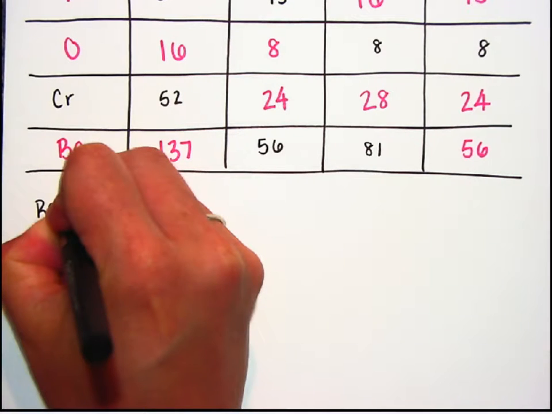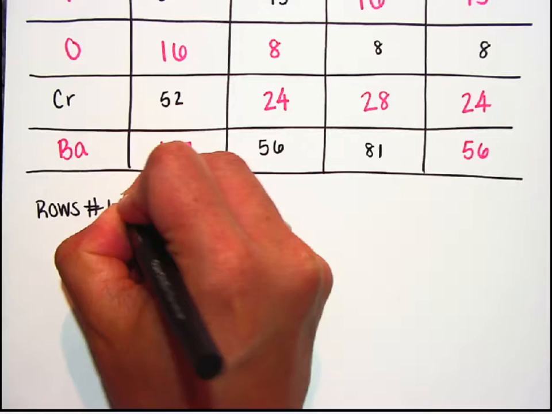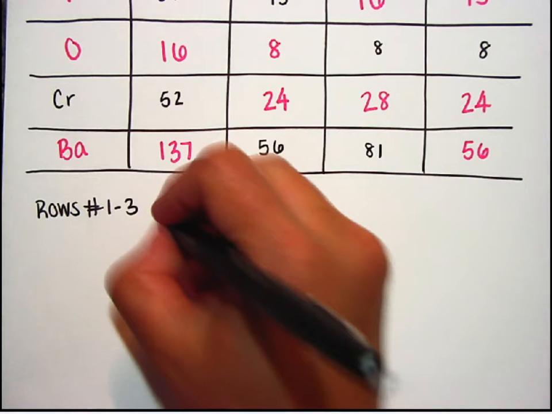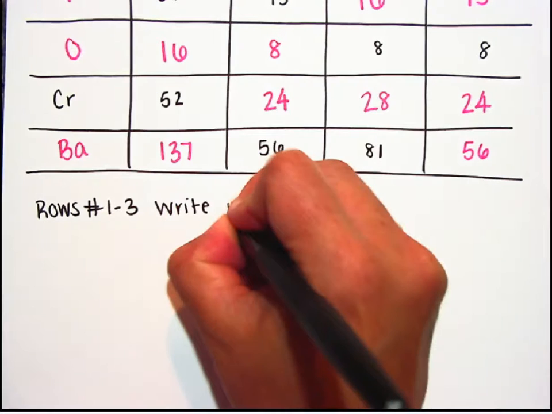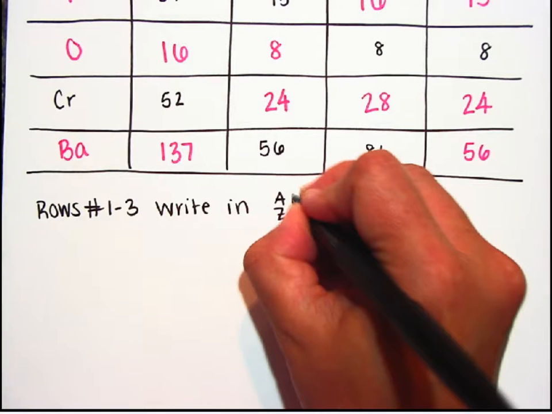Next, rows 1 through 3, I want you to write in our A to Z notation.